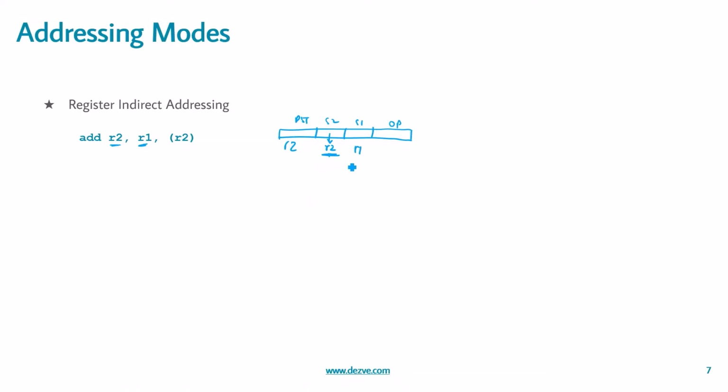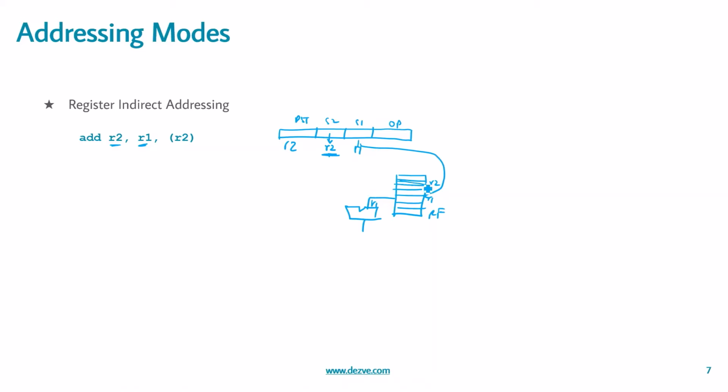So how will this look? You have this register file, suppose this is R1 and this is R2. It will index into R1, and R1 will go to this ALU.